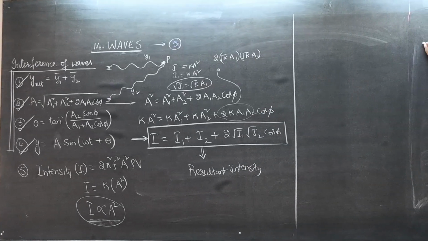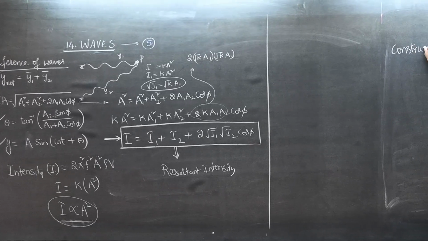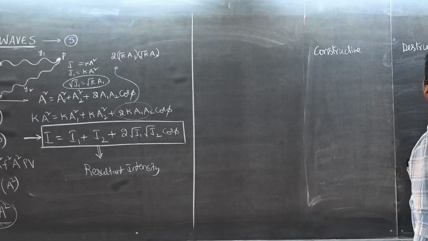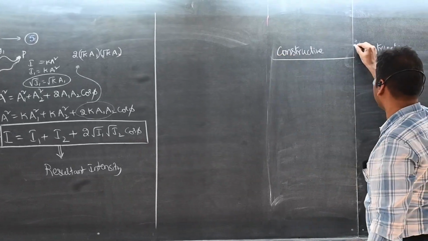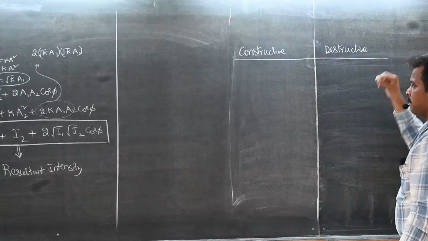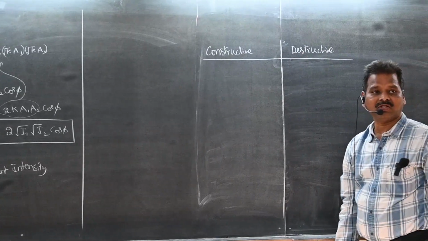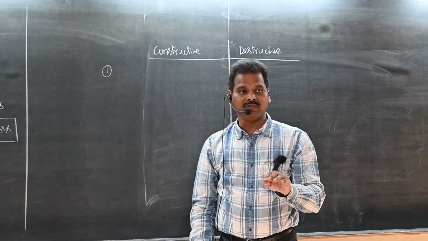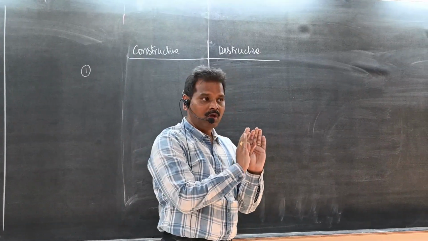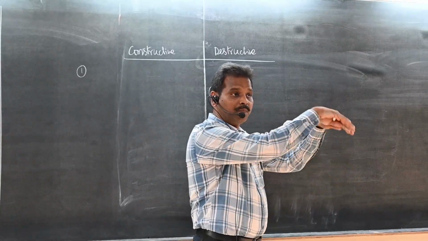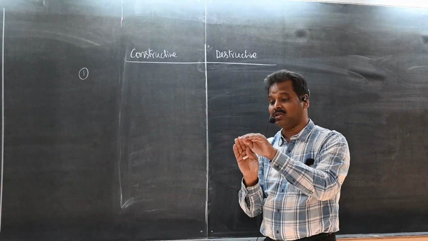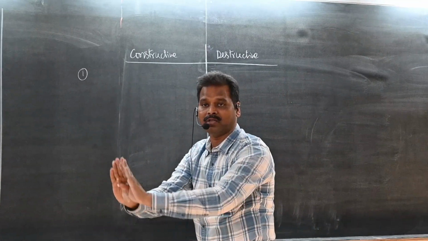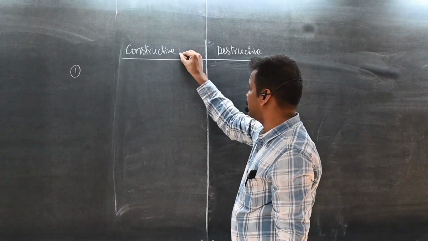First one, on the left side I am writing constructive; here, destructive interference. What is constructive interference? Point number 1: constructive interference takes place if two coherent waves moving in the same direction are superimposed such that crest combines with crest, trough combines with trough.